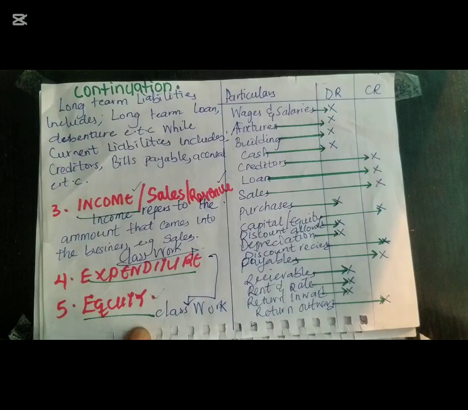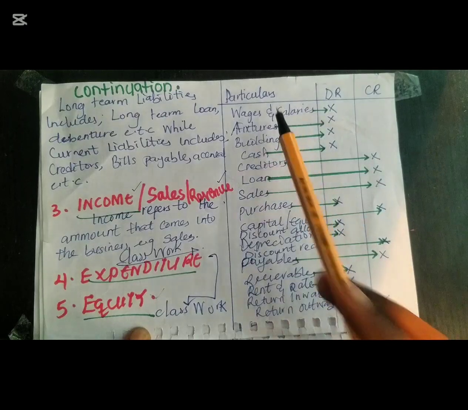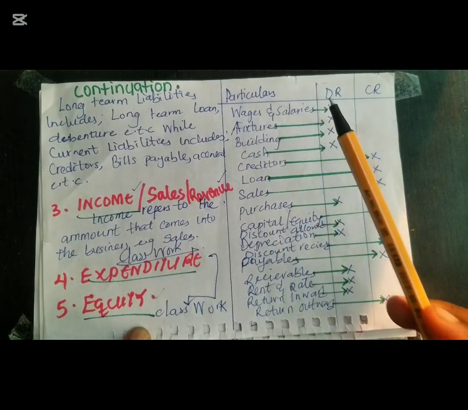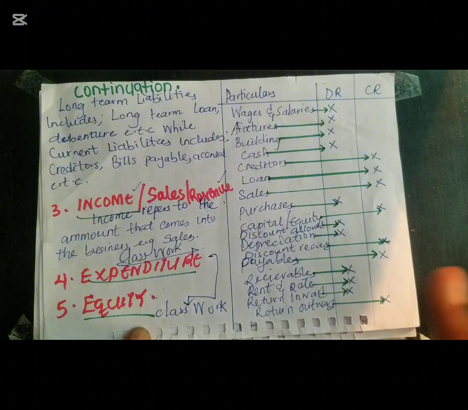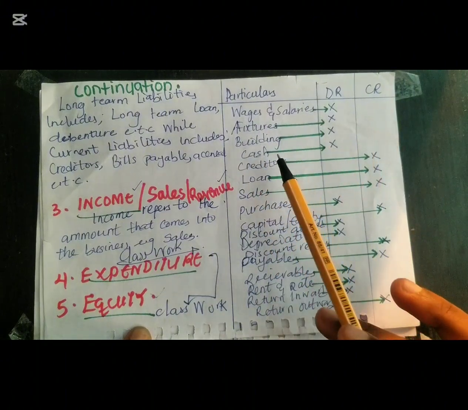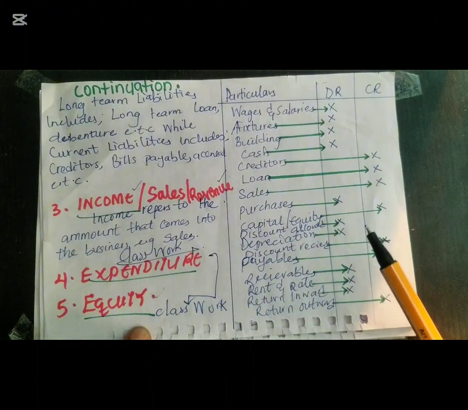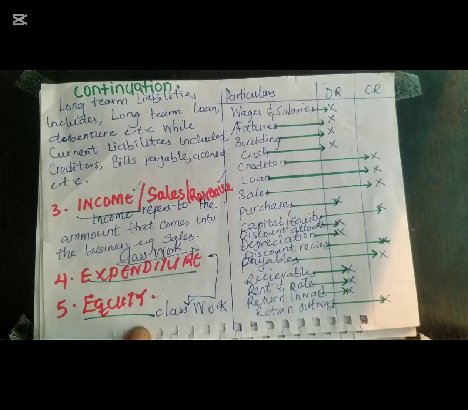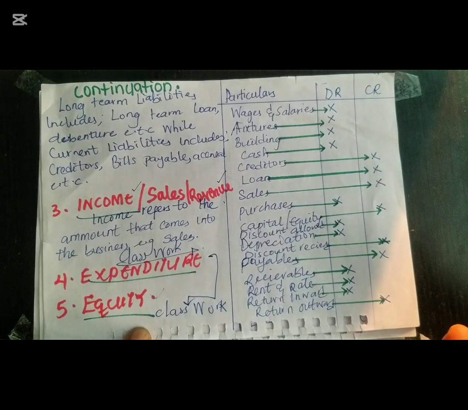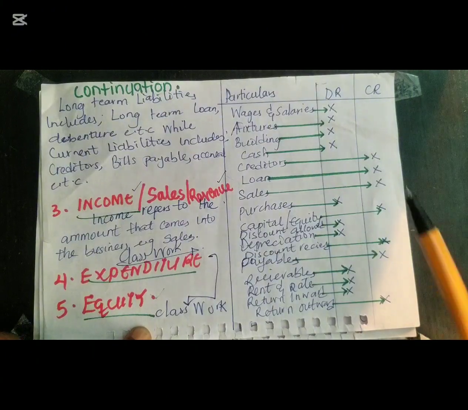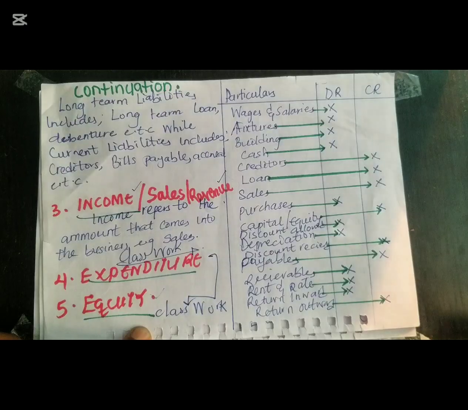Because if you know that all assets are debited and you see something like fixtures, building, cash, you just know that they will have a debit account. Why? Because they are all debited. If you know that all expenses are debited, and you see something like wages and salaries, rents and rates, depreciation, you know that they are all debited.